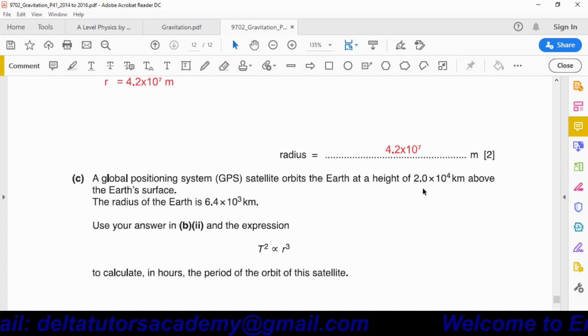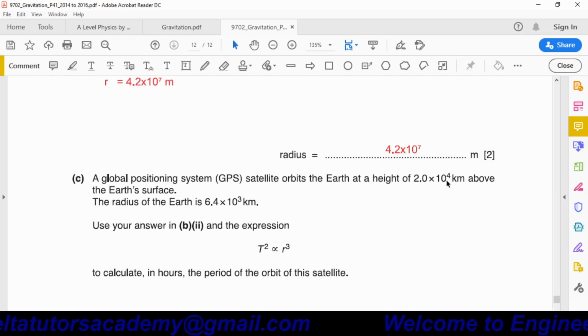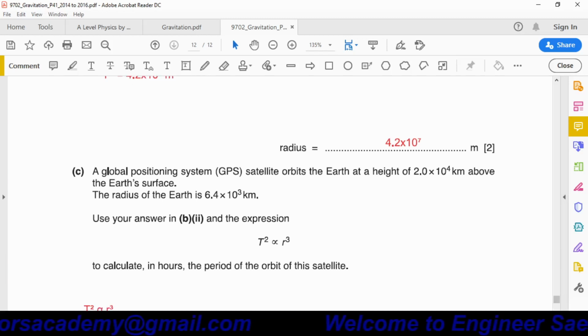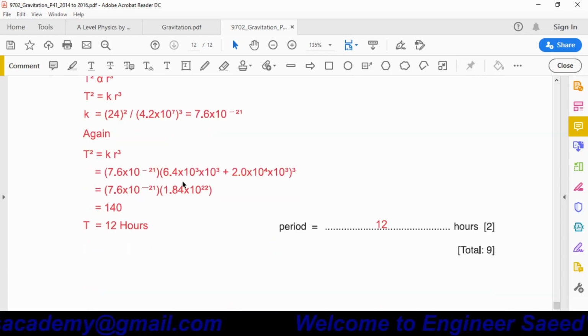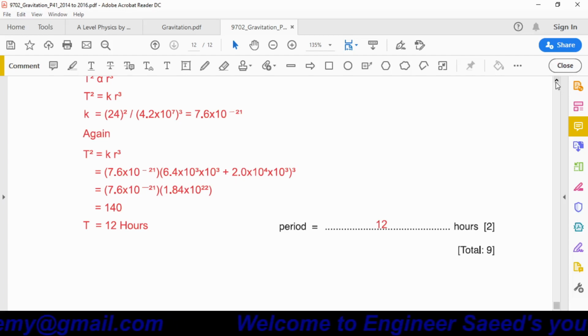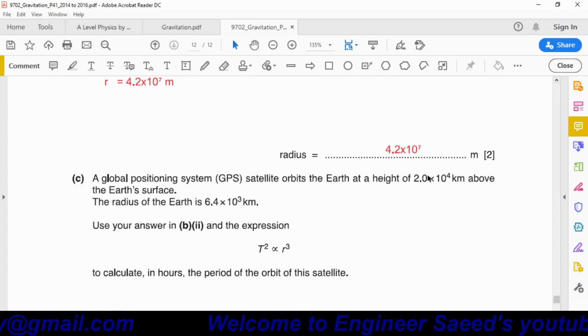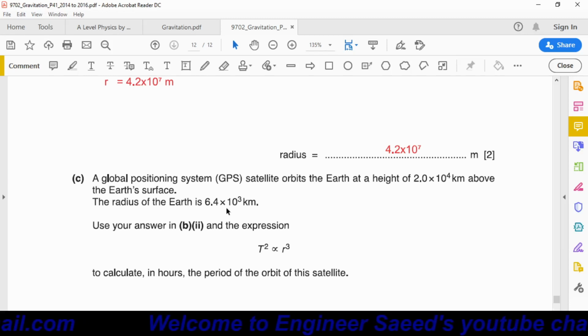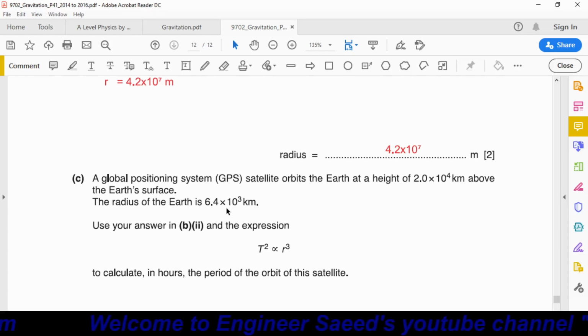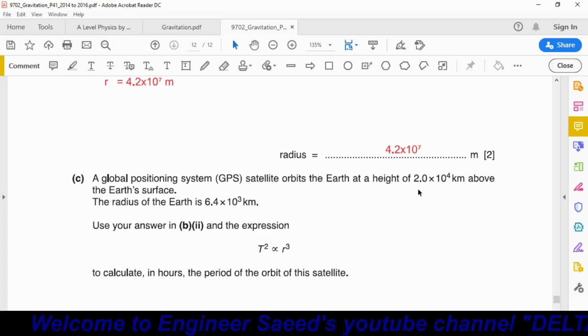The total distance of the satellite from the center of the Earth will be the sum of 2 into 10 power 4 and 6.4 into 10 power 3, that is, the radius and the distance of the satellite from the surface of the Earth. We have just added these two values.